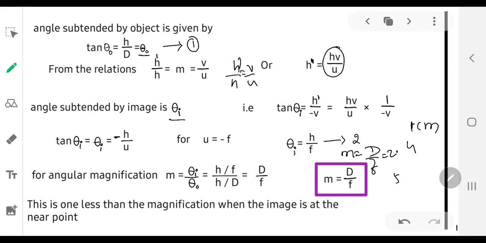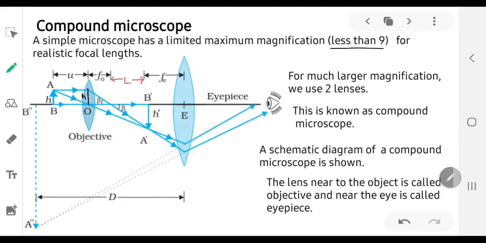If d value is 25 and you manufacture a convex lens of focal length 1 centimeter, then you are going to get a magnification of 25, which means your image is enlarged 25 times that of the object. But in practice, it is not possible to manufacture a lens of 1 centimeter. So for a realistic focal length, you can have a maximum magnification of less than 9.